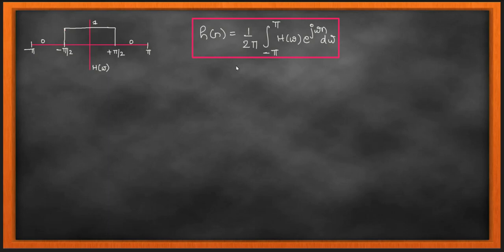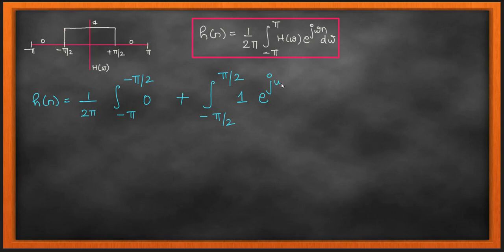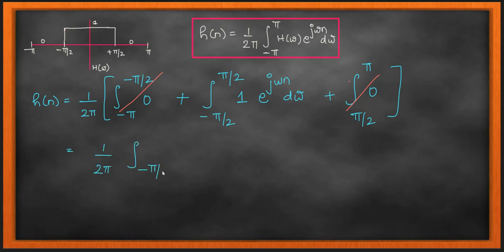So the integral is going to look like this: from minus pi by 2 to plus pi by 2 of 1 times e to the power of j omega n d omega, because that is the only integral that's going to be there. The first and the last become 0 and cancel out. So now I am just looking at the integral from minus pi by 2 to plus pi by 2.